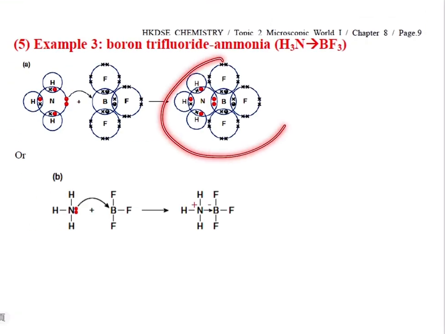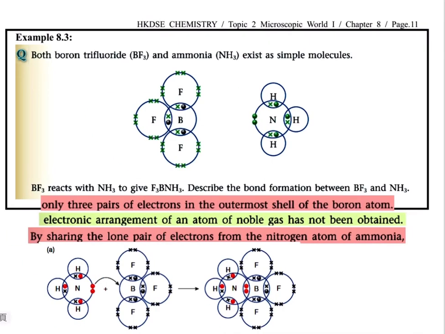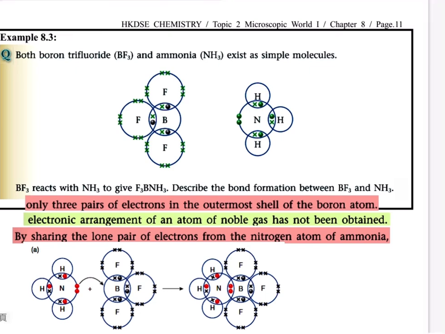So this is the final product, NH3BF3. Because B does not have enough electrons, it is called electron deficient. So N can share its electrons with B, and now B gets the octet electronic configuration after sharing with N.